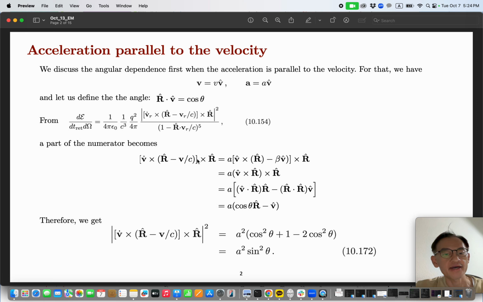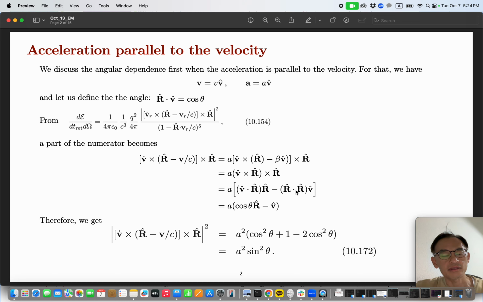So this is what we have. First, change v dot to be the acceleration magnitude times v unit, so the cross product of velocity with itself will be gone. So we have a times v unit cross r unit, which can be expanded like this, and you get the first term to be cosine theta.